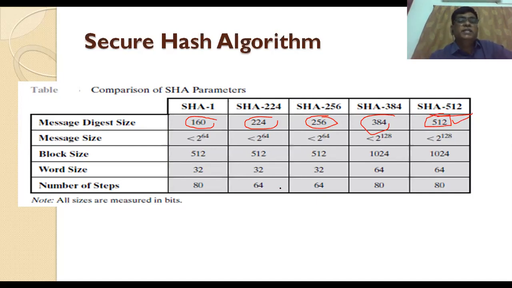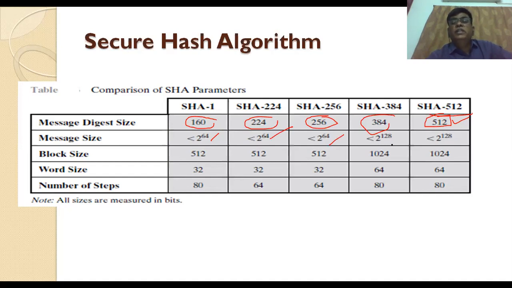The original input message size should be less than 2 power 64 in all these cases. Here in this algorithm the message size should not exceed 2 power 64, and here also 2 power 64.